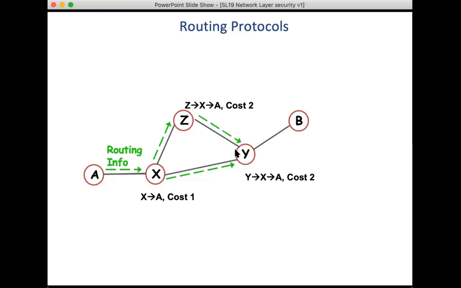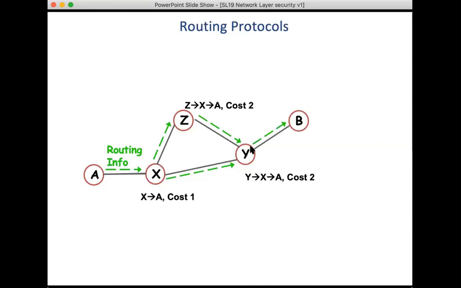In the next step, it will try to find out whether it has a cost lower than 2 or higher than 2. Through this step, Y will find out that the cost to A is 3, which is larger than the cost Y has through X, so the cost remains the same.